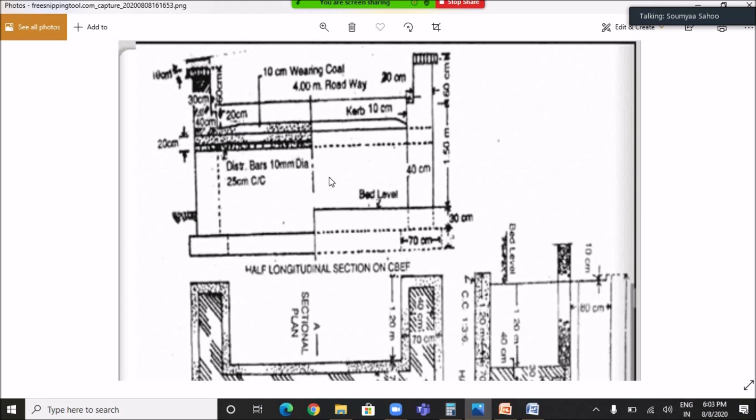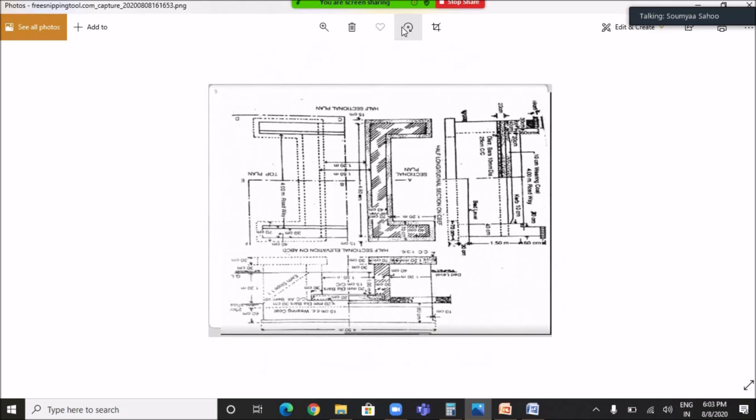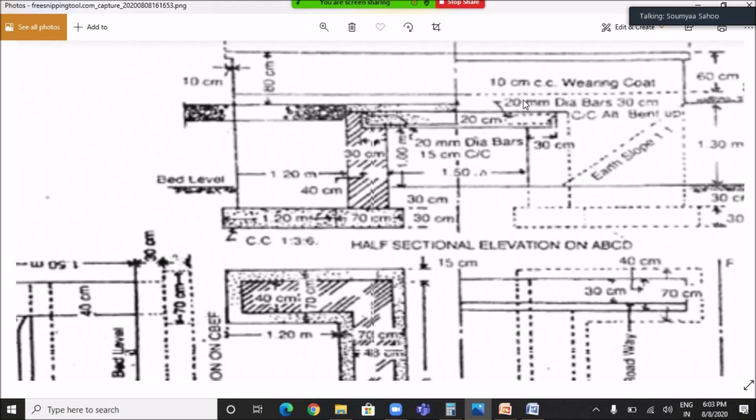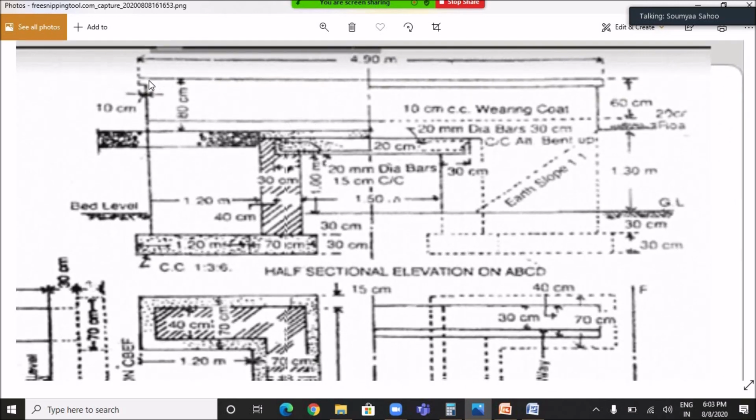And the length of the parapet, we can calculate, we can observe the length of the parapet from the half sectional elevation. Here you can see the total length of coping is 4.9 meter, but there is projection on either side. Here there is a projection and here there is the projection of 10 centimeter.